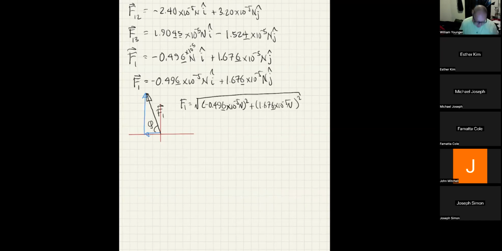Doing this in my calculator, it looks like I typed everything good. 0.496 times 10 to the negative fifth squared, 1.676 times 10 to the negative fifth squared.